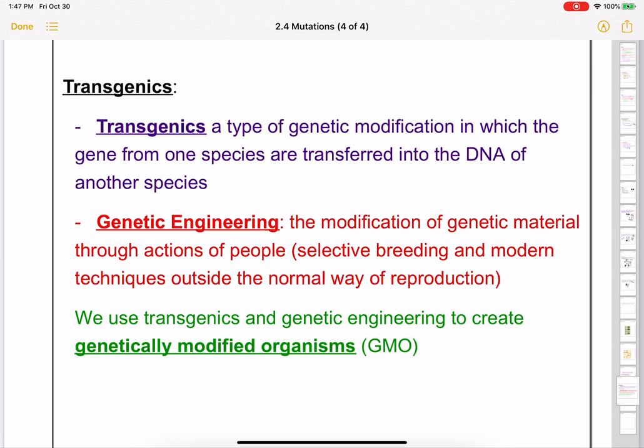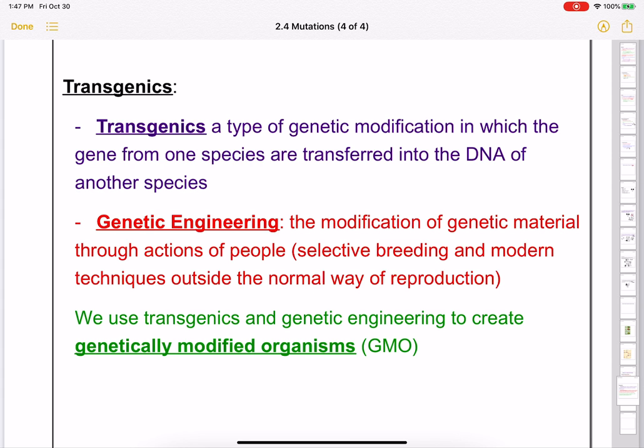Transgenics is a type of genetic modification in which the genes from one species are transferred into the DNA of another species. This is called genetic engineering: the modification of genetic material through actions of people, selective breeding, and modern techniques outside the normal way of reproduction.